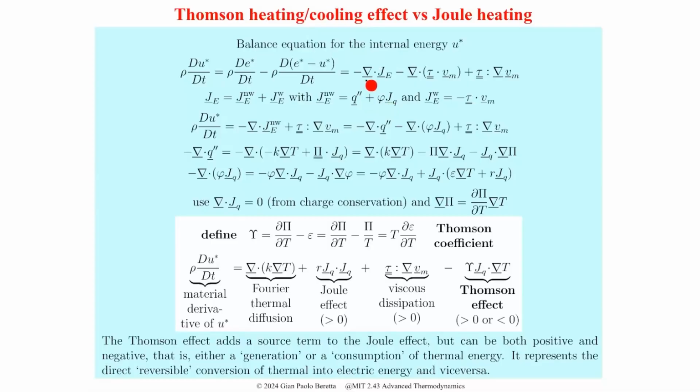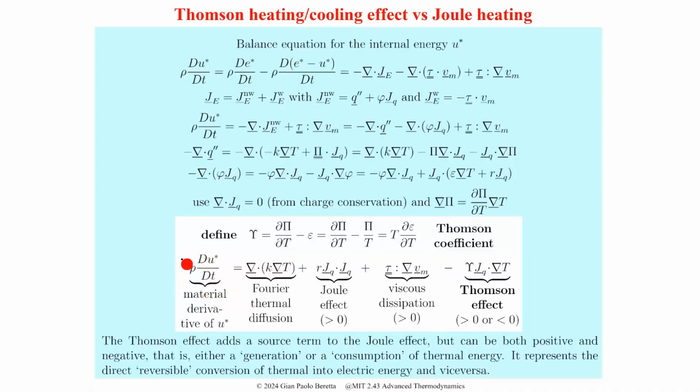Otherwise, you would have the summation of the enthalpies, partial enthalpies, and so on. And for the work part, it's given by the stress tensor times the velocity. But if we are assuming that there's no velocity here, this is really going away. So if you get to the end, the terms that survive are these.